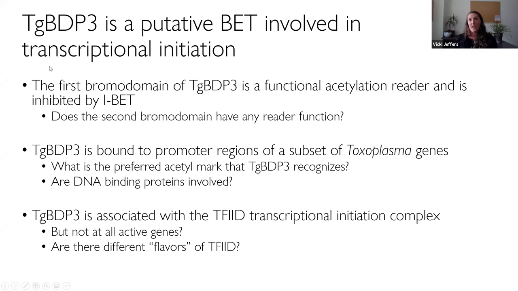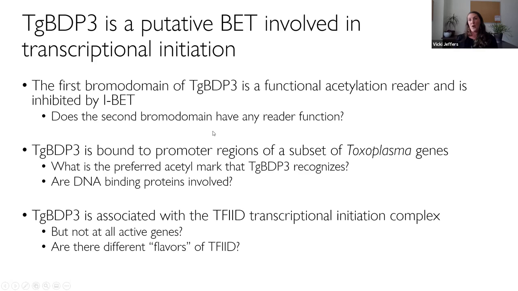So what we know so far is BDP3 seems to be kind of a cryptic member of this BET family that we see in humans and yeast. It's targeted by iBETs. It has that similar domain architecture and is associated with a complex of transcriptional initiation.